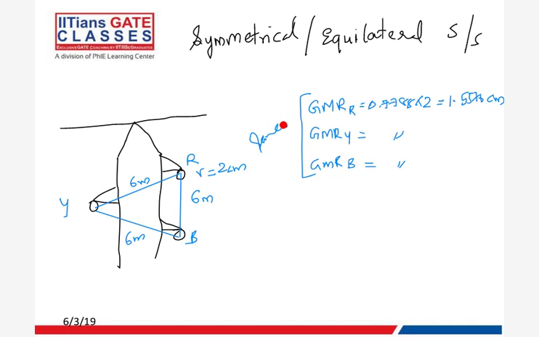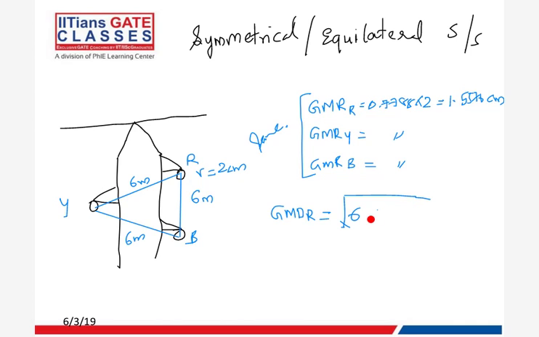Now let's look at GMD, right? So GMD is the distance. Let's say GMD for phase R will be, what is the distance of phase R from the next available phase. R and B is 6, and the distance between R and Y is 6.